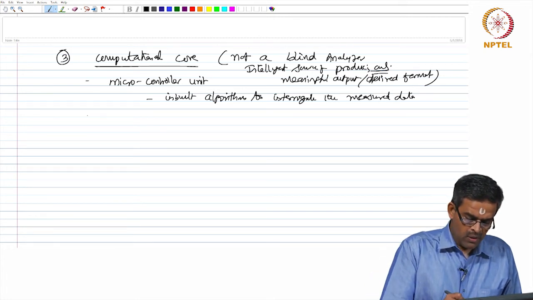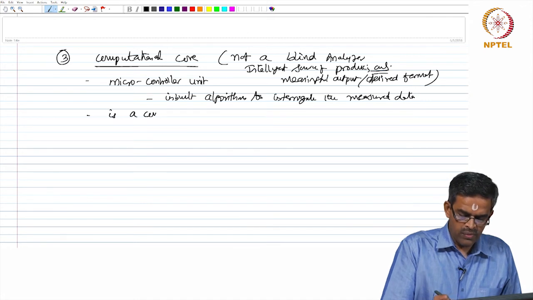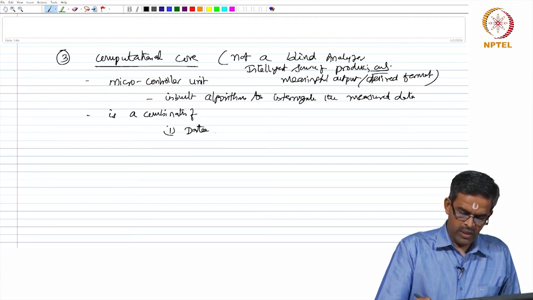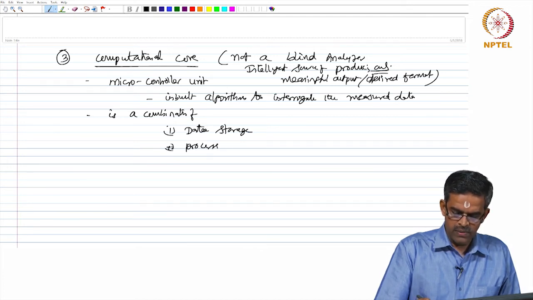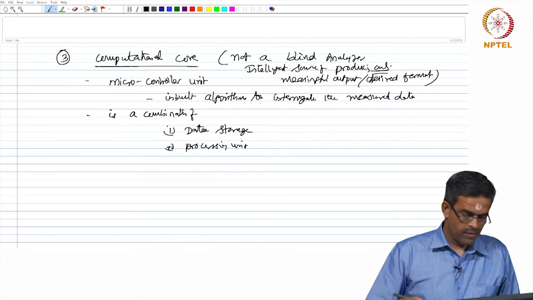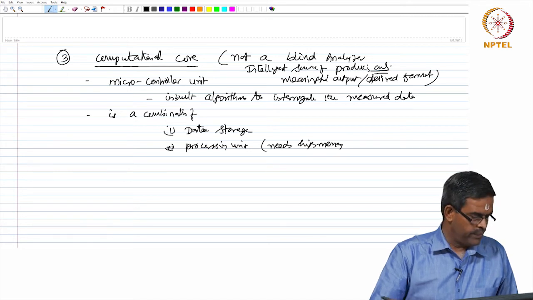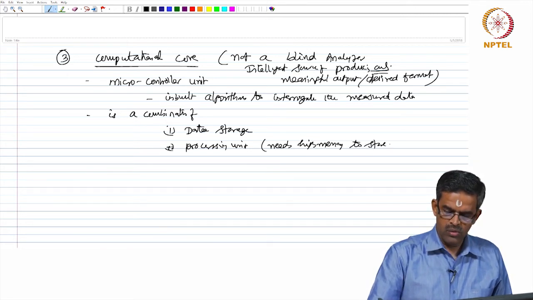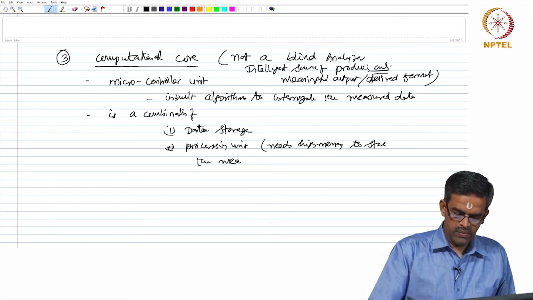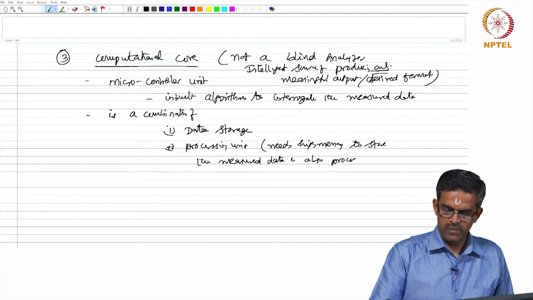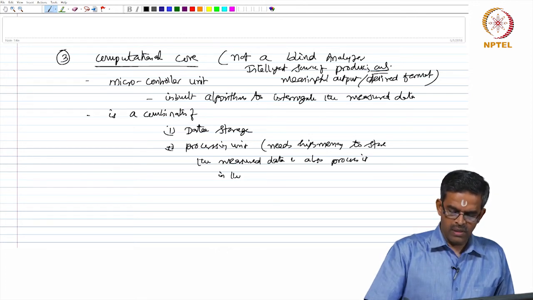Therefore, the computational core is a combination of data storage and a processing unit, which of course needs very high memory to store the measured data, and also process it in the desired format.